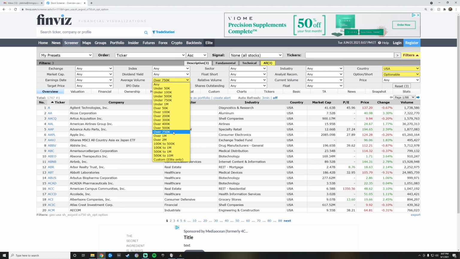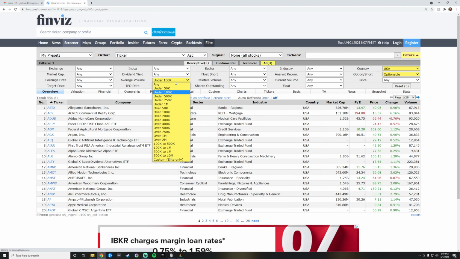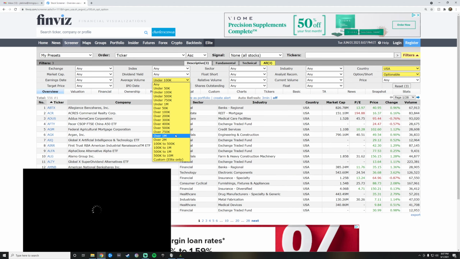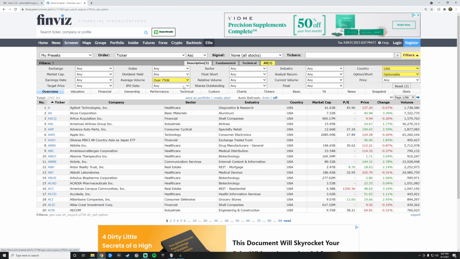That means your stocks are liquid and the price action won't be stuck. If you have an illiquid stock, maybe under 100K, the price is hardly going to move because hardly any shares are going to trade hands that day. So keep your volume relatively high. You can also filter by price over here if you need to, something under $10, under $40, depending on what you want.